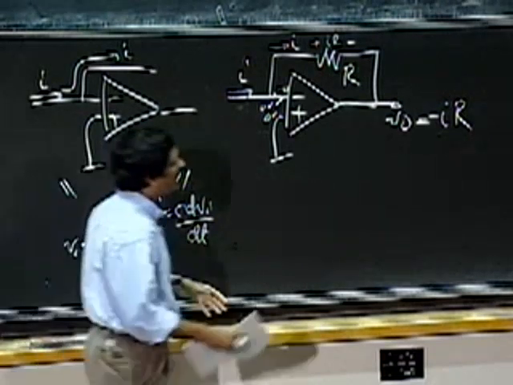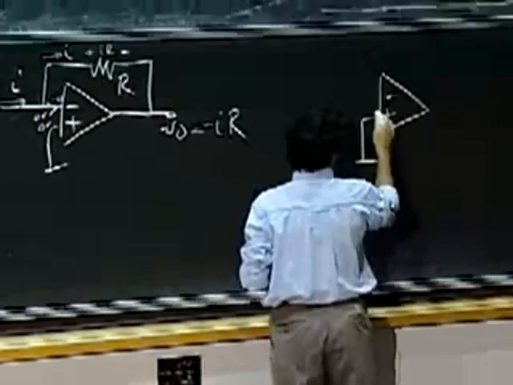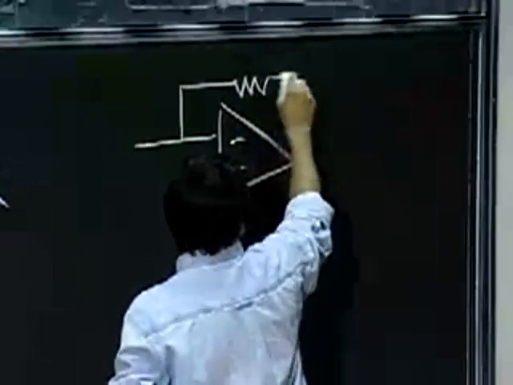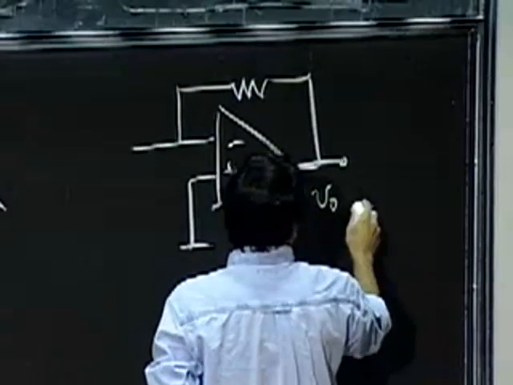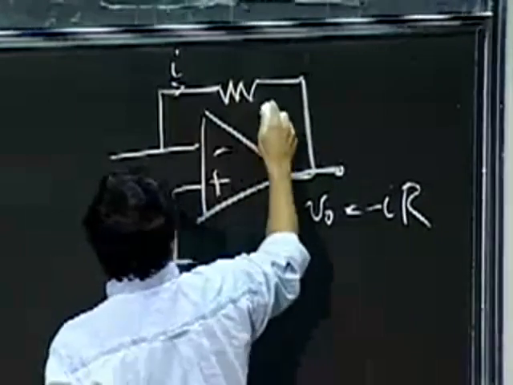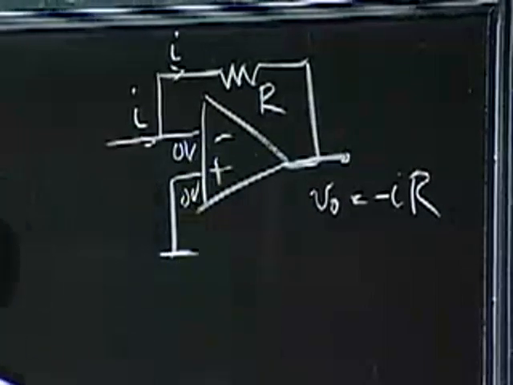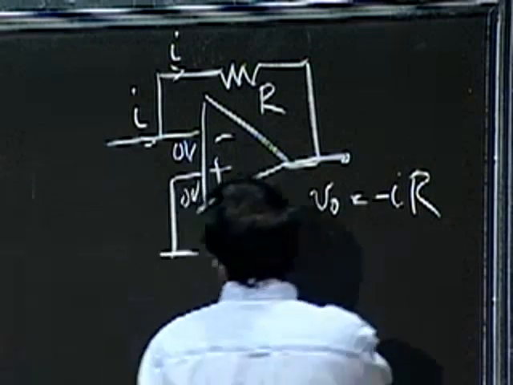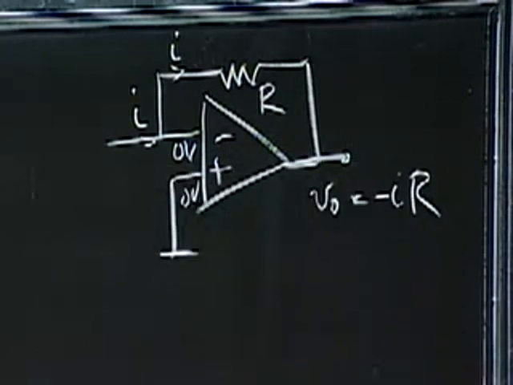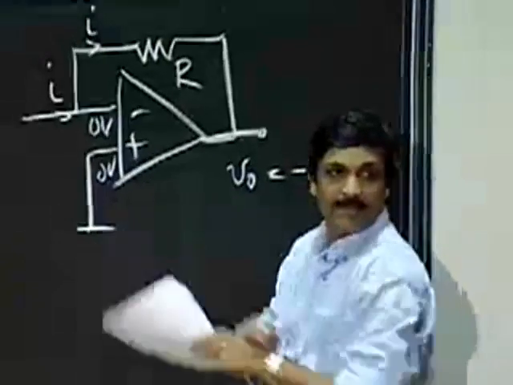Okay, so let's go back to our op-amp circuit. So far I have achieved this. And so somehow I need to take this pattern here and learn from that pattern and apply the pattern here.